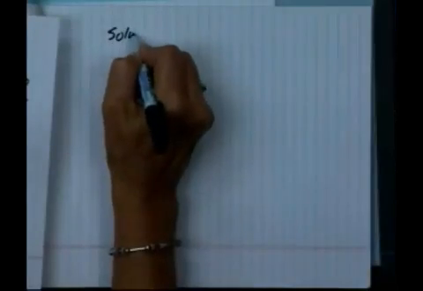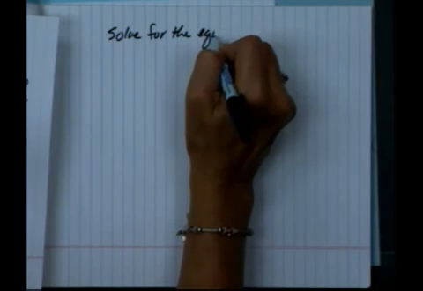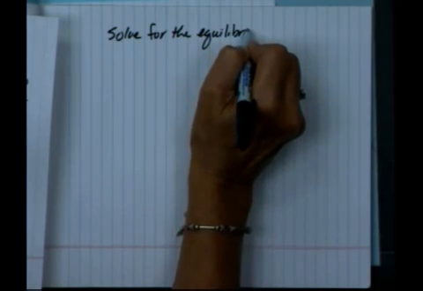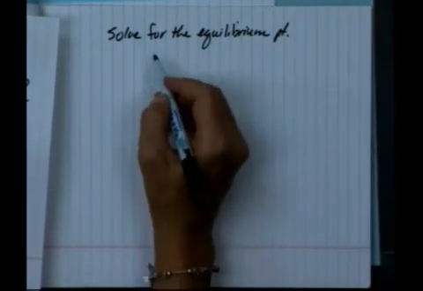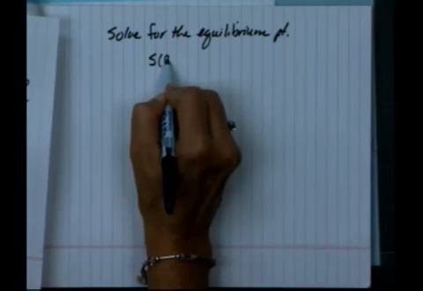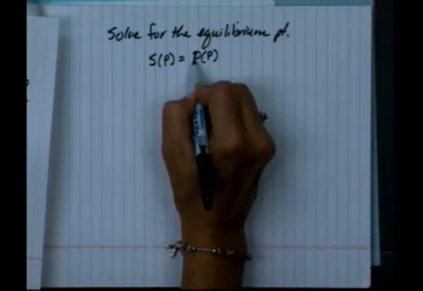Okay, method of substitution sounds good to me, so let's flip the page. We want to solve for the equilibrium point. And where the two curves intersect, that means the supply curve has to be equal to the demand curve.